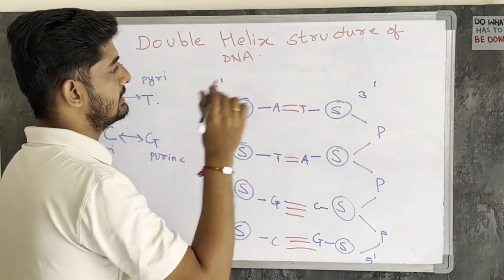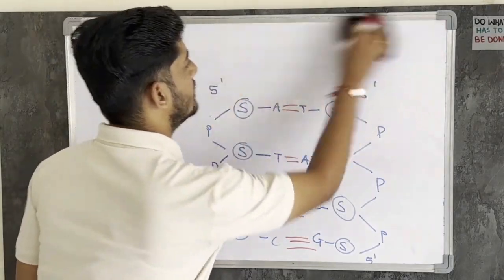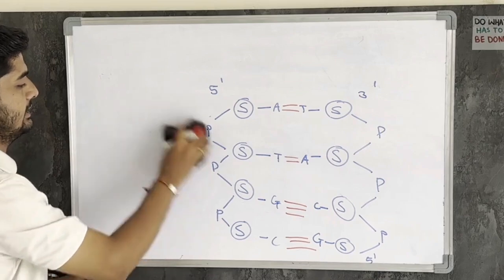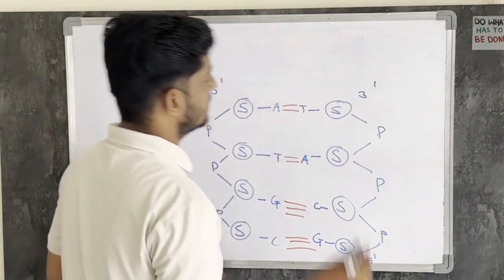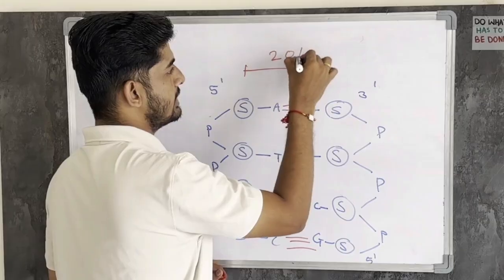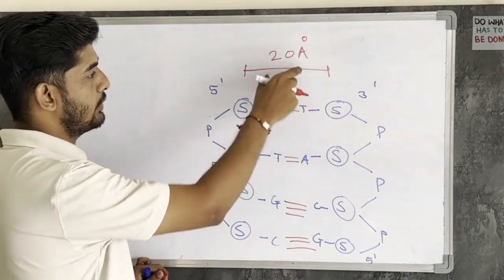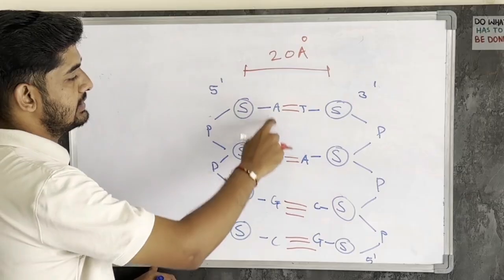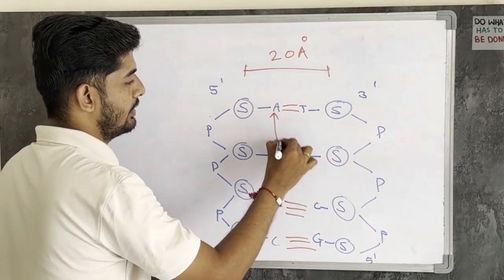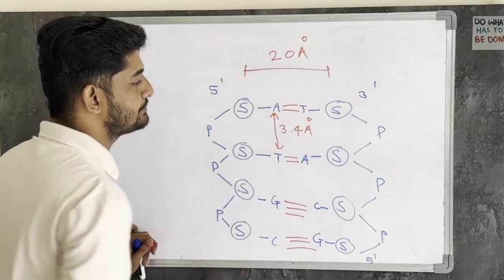So now let's see the diameter and the distance between the nucleotide bases that are present in DNA. The diameter of the DNA is 20 angstrom units, and the distance between two nucleotides is 3.4 angstrom units.